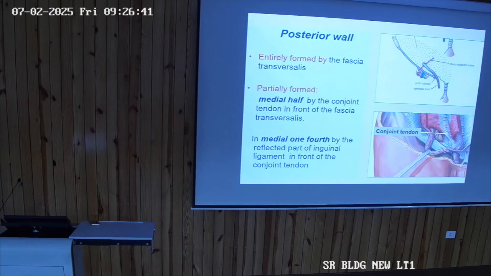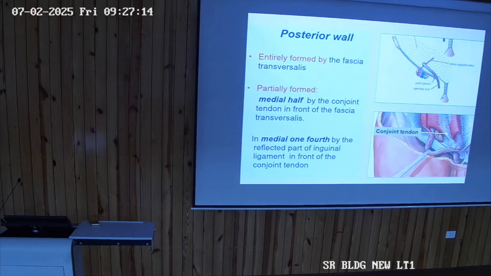In the medial 1/4 there are certain fibers of the reflected part of the inguinal ligament. Where are these fibers going? The reflected part of the inguinal ligament was situated at the medial end and it was going towards the linea alba. So these are the reflected fibers of the inguinal ligament which are present in the medial 1/4 of the posterior wall of the inguinal canal.